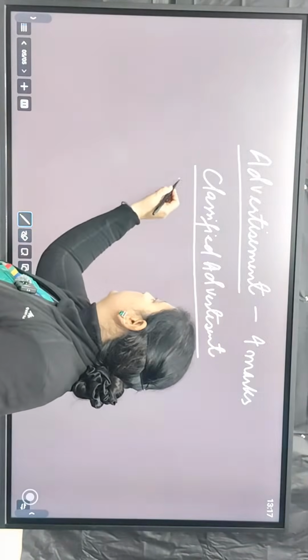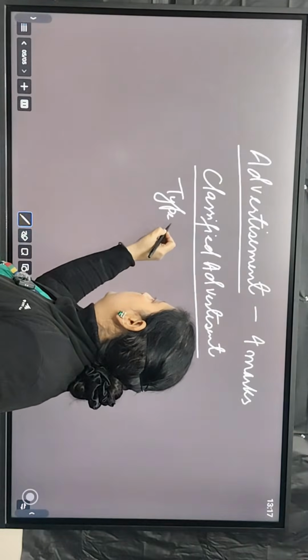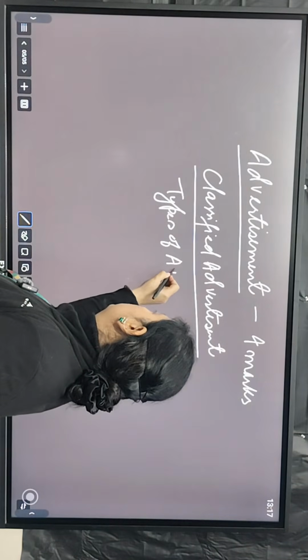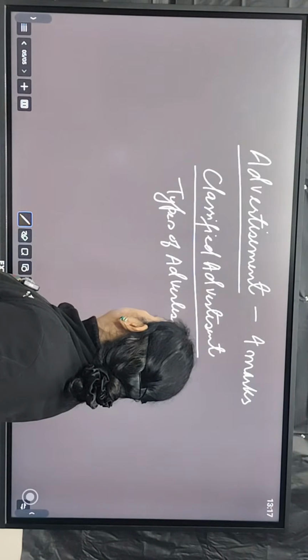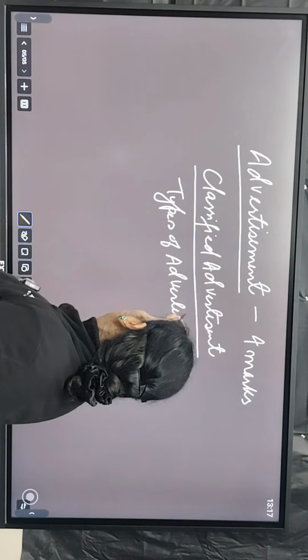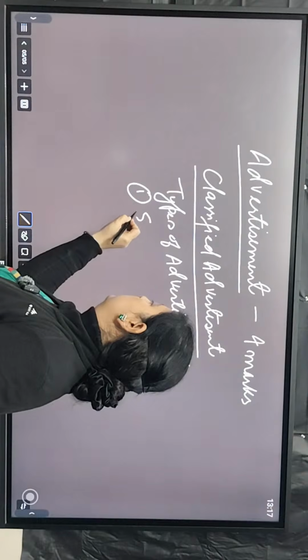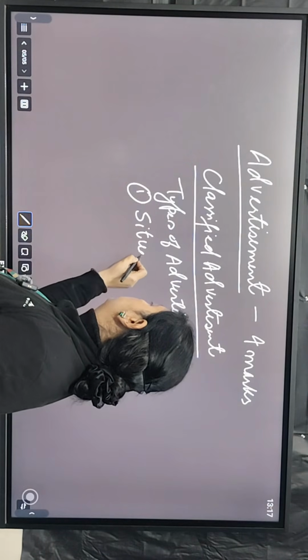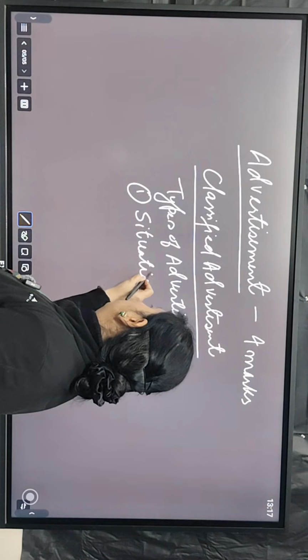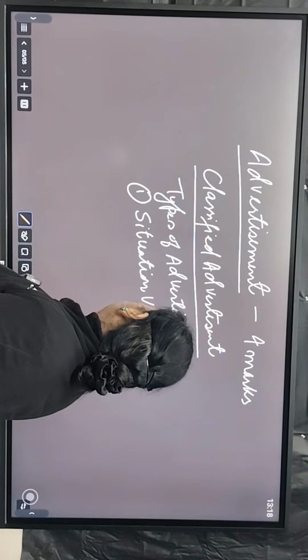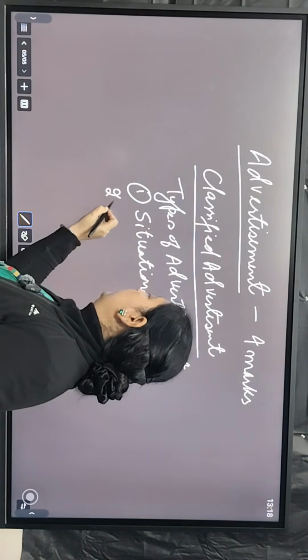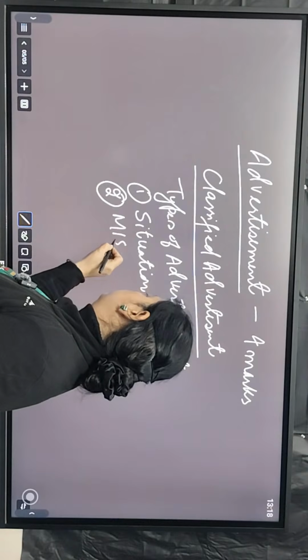टाइप्स ऑफ एडवर्टीजमेंट्स क्या हो सकते हैं जहां से हमें एडवर्टीजमेंट आ सकती है? One is situation vacant. Second can be missing.